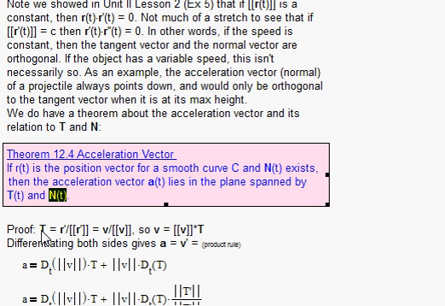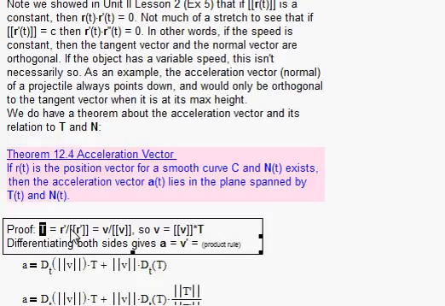And so we can start by saying, well, our unit tangent vector is the derivative of the vector valued function divided by the length of the derivative of the vector valued function. Because remember, the unit tangent vector points in the direction where the curve is going at that time.